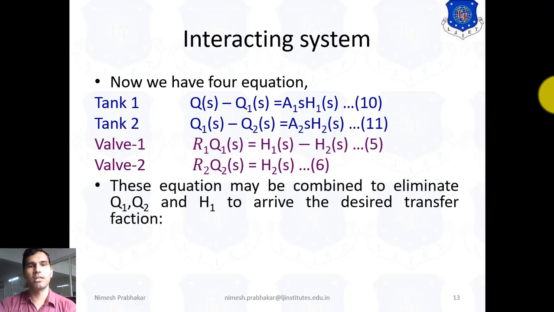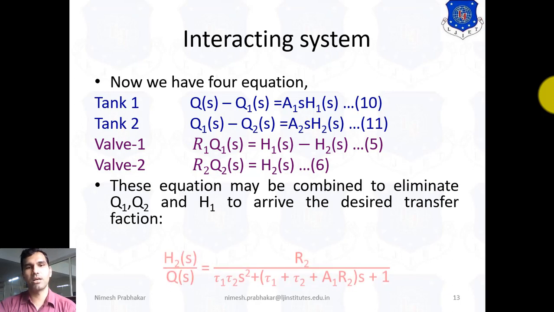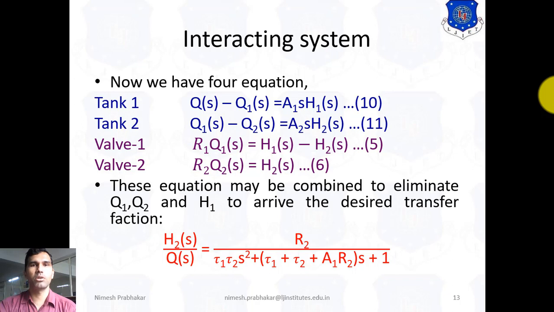These equations may be combined to eliminate Q1, Q2 and H1 to arrive at the desired transfer function: H2(s) upon Q(s) is equal to R2 upon tau 1 tau 2 s square plus (tau 1 plus tau 2 plus A1 R2) s plus 1. This is the final transfer function equation for the interacting system.